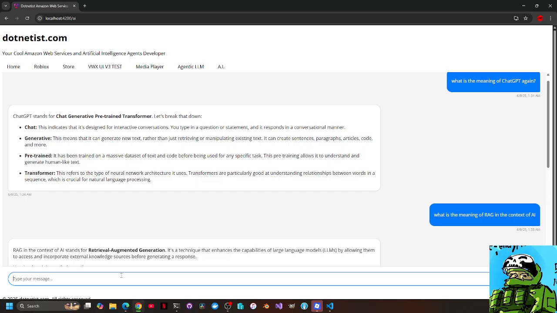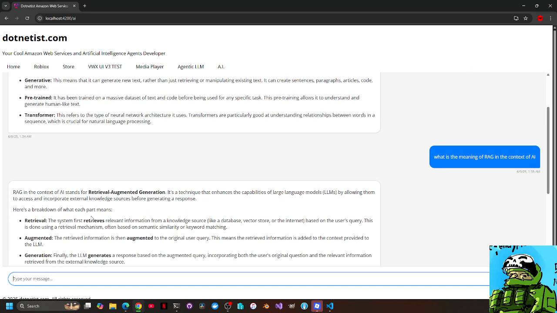RAG in the context of AI stands for Retrieval Augmented Generation. It's a technique that enhances the capabilities of large language models, or LLMs, by allowing them to access and incorporate external knowledge sources before generating a response. Here's a breakdown of what each means.